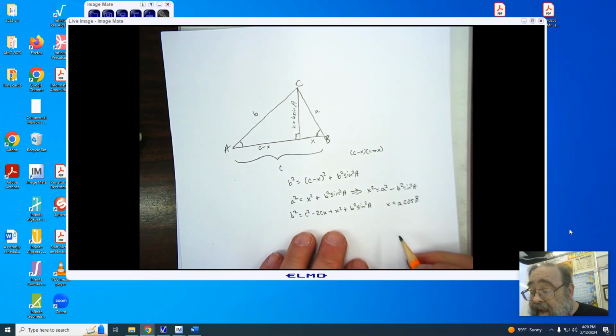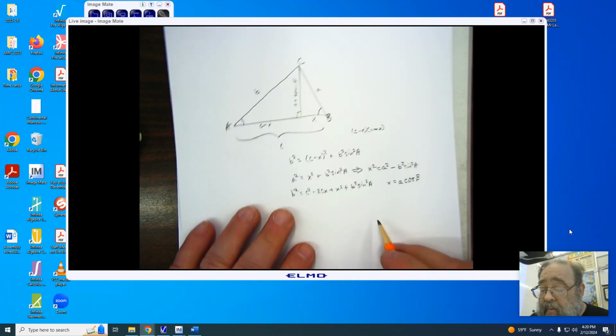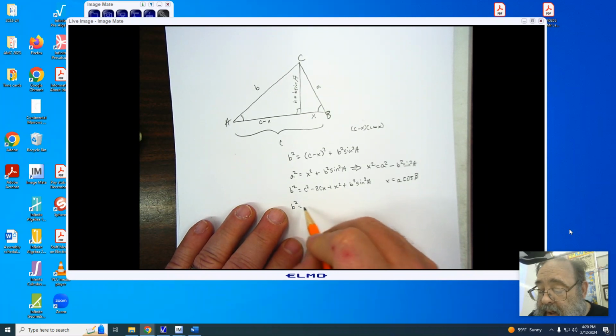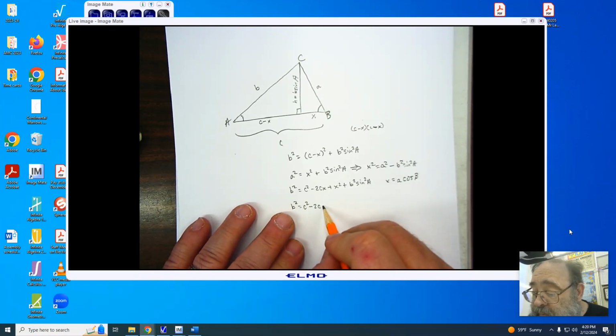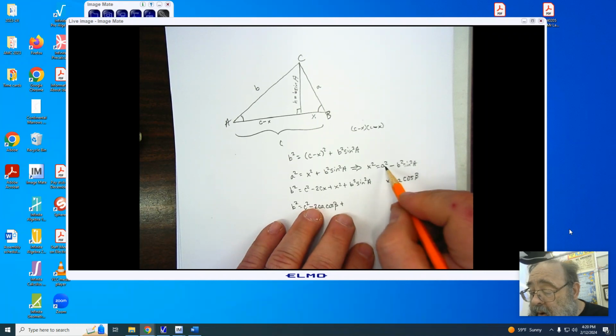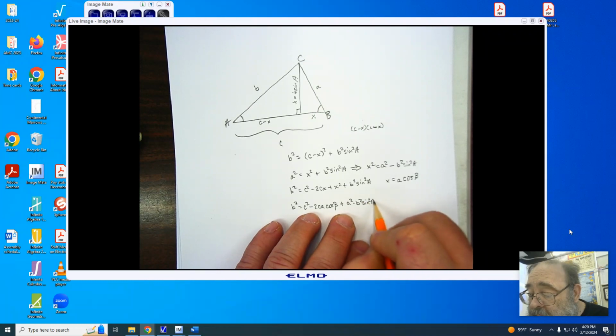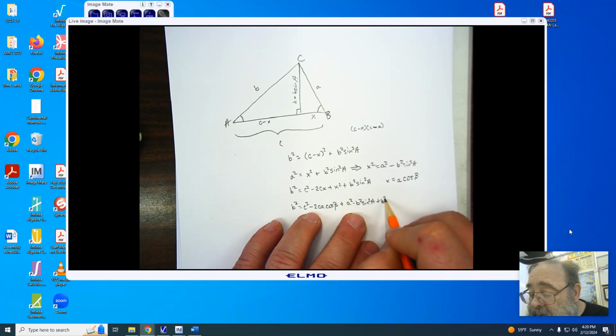And now I have what x is and I have what x squared is, and I'm going to replace them both right here. So I have b squared equaling c squared minus 2c times x, which is a cosine of angle B, plus, I'm now going to replace my x squared, and I have a squared minus b squared sine squared a, and then plus b squared sine squared a.